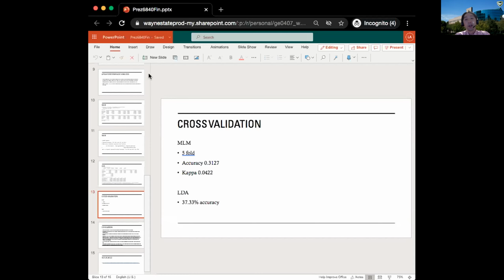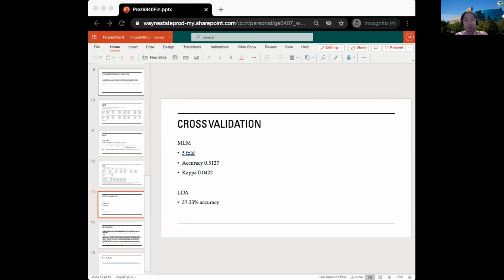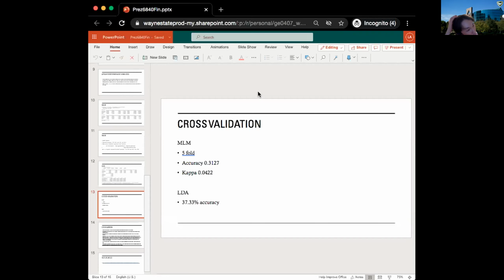So suppose we have a binary 0-1 variable, and we have 99% 1s. Then if we select all observations as the 1, then basically we have 99% correct, right? So the kappa statistic adjusts for that factor. So yeah, accuracy is 31%.